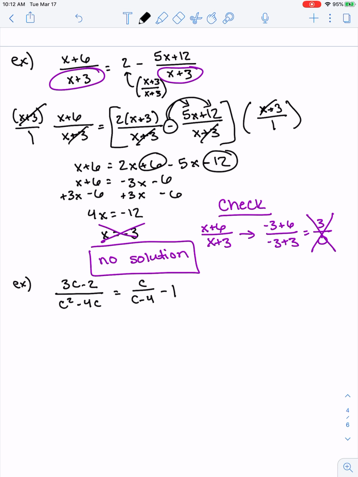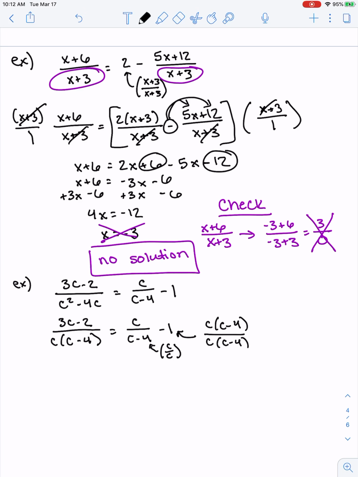If I factor, I end up with 3c minus 2 over c times c minus 4 is equal to c over c minus 4 minus 1. So it looks like this one is missing c over c, and this one is missing everything. C times c minus 4 over c times c minus 4.